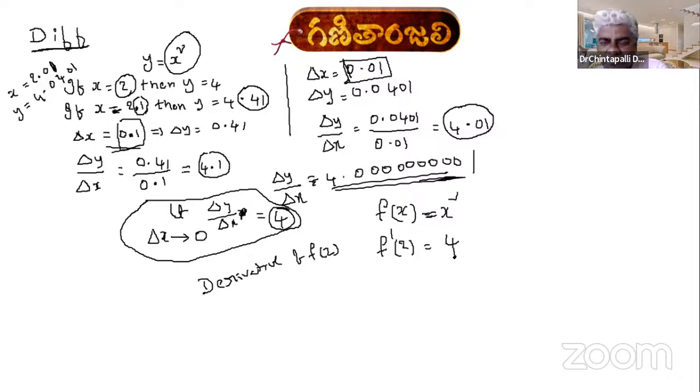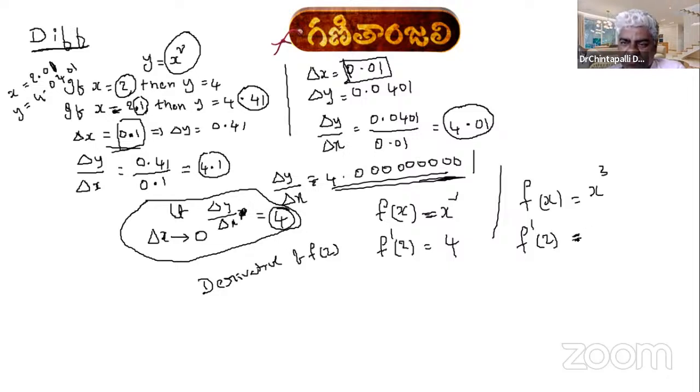If f of x is equal to x cube, if we do the same experiment on this function, then the derivative of f of x at 2 is equal to 3 into 2 square, that is equal to 12.